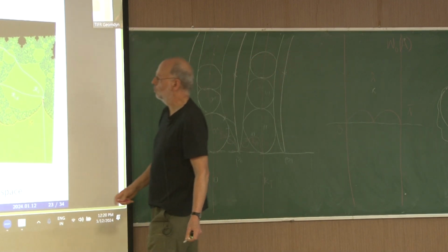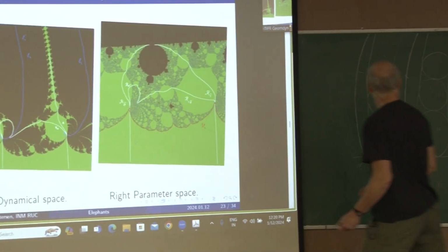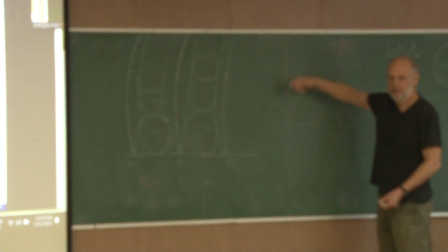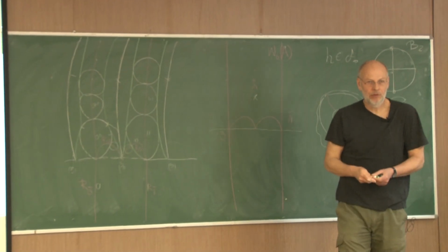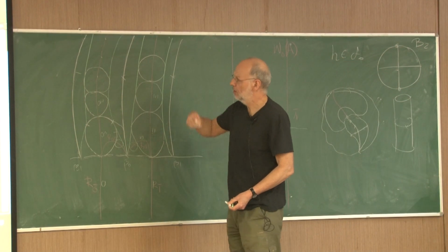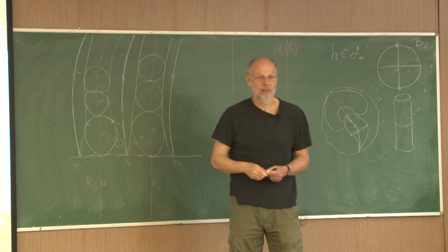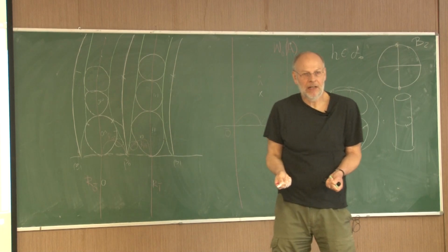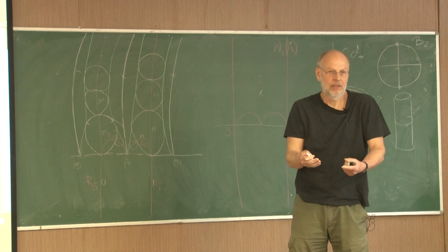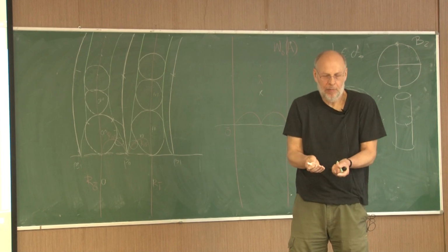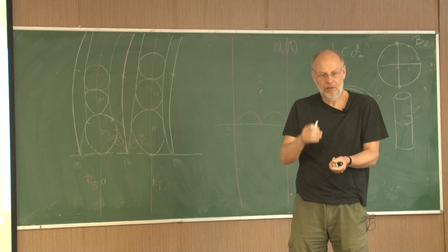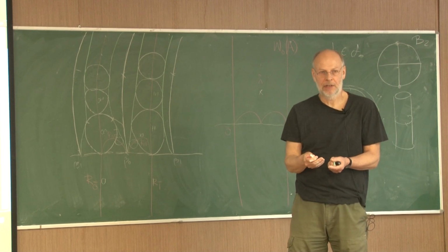Also, it's not difficult to prove that, because it's a quadratic picture and we have these rays, we can label rays in the usual dyadic way. And because, for instance, if you go to the center, you have hyperbolic dynamics, you will actually find that all these rays land, and they land on this hyperbolic component, the attracting basin of the critical value, which is the critical point in that case.